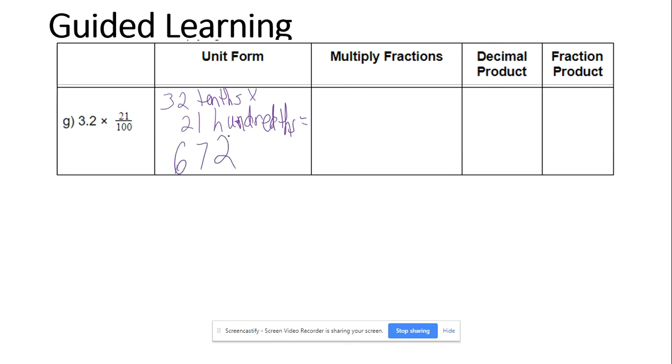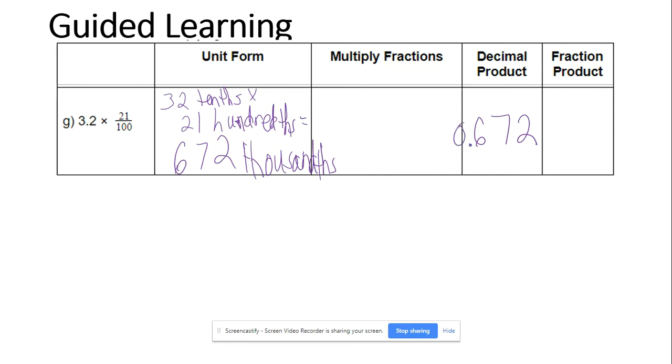And now we're going to do tenths times hundredths. Well, I know 10 times 100 is 1,000, so tenths times hundredths is thousandths. I can write this as a decimal, putting the 2 in the thousandths place, 7 in the hundredths, 6 in the tenths. My decimal goes to the left of the tenths, and then my 0.